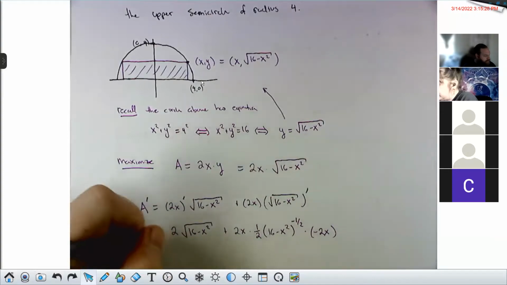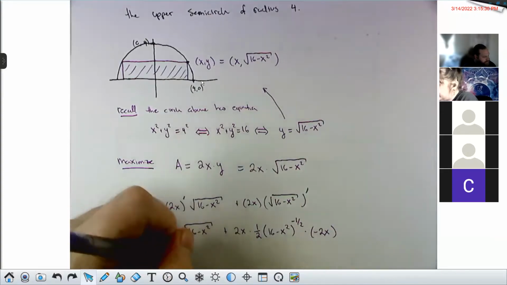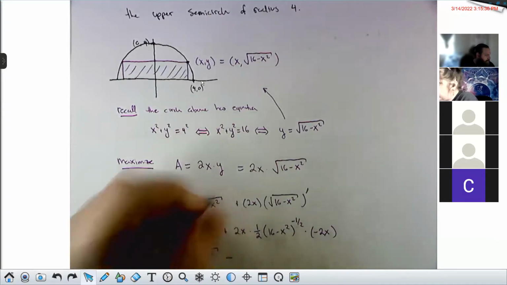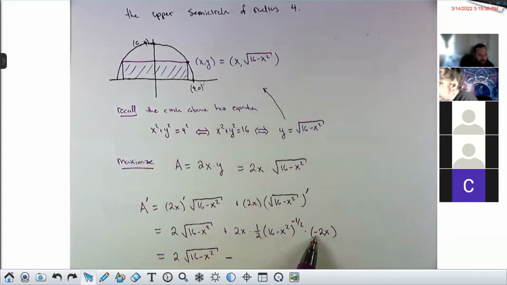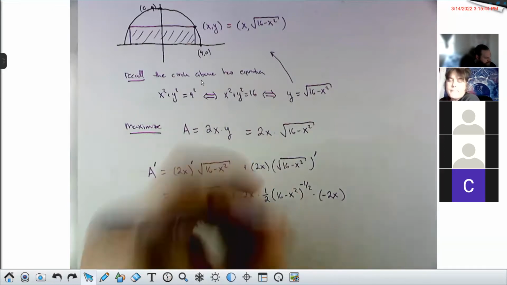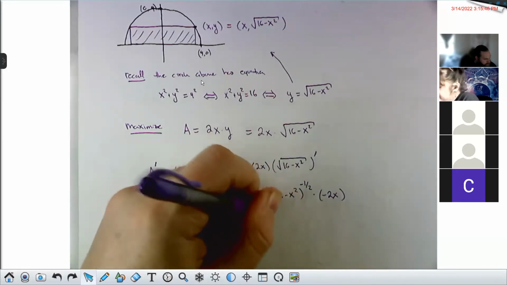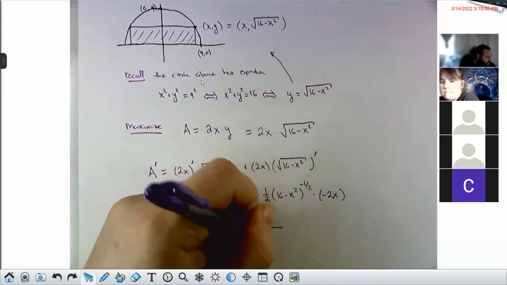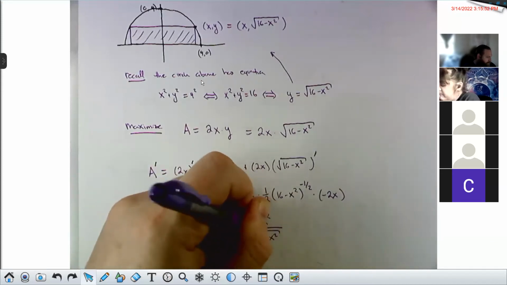And if we put all of this together, that's 2 times the square root of 16 minus x squared minus, because this is negative, 2x times 2x is 4x squared times 1/2 is 2x squared. So 2x squared divided by the square root of 16 minus x squared, like so.